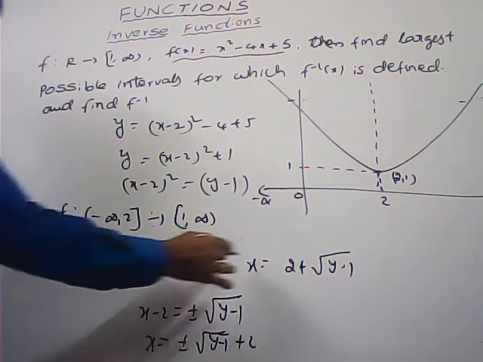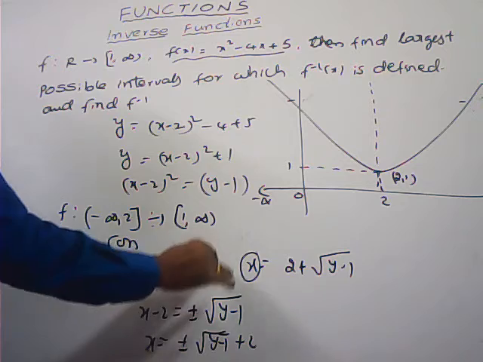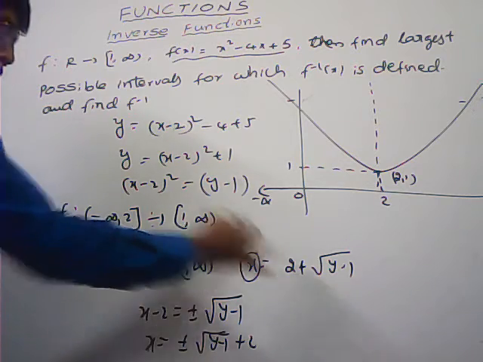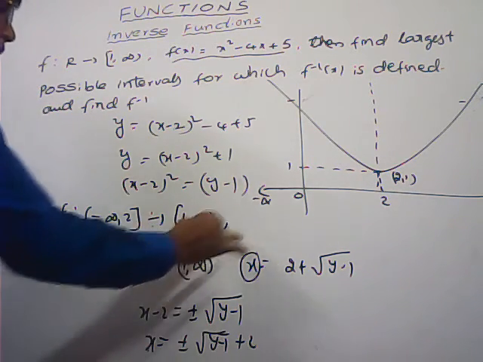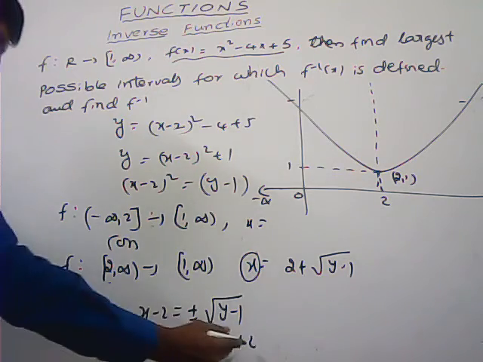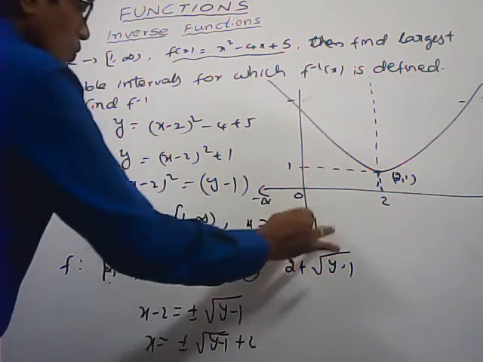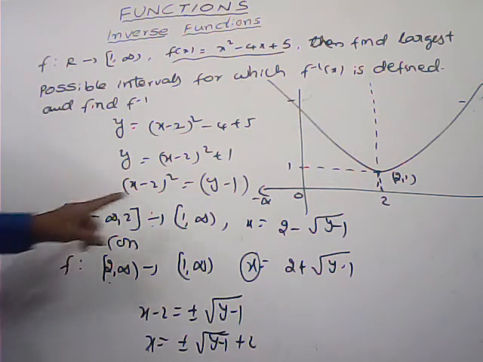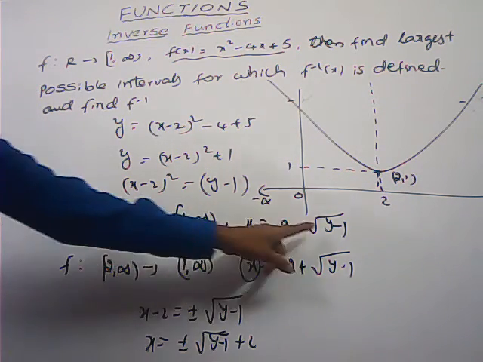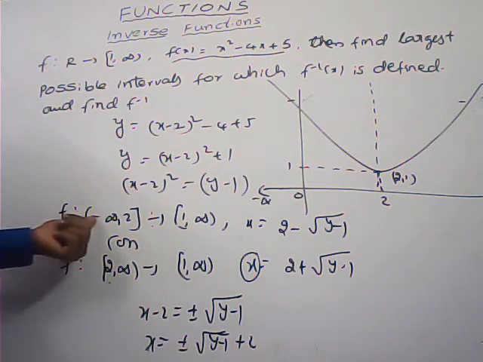So whatever x here is nothing but f inverse of y. This is one of the inverse functions in this interval. For example, here I am taking minus root of y minus 1. Whatever y values you take in the interval 1 to infinite, the corresponding x values you get are negative, minus infinite to 2 only.